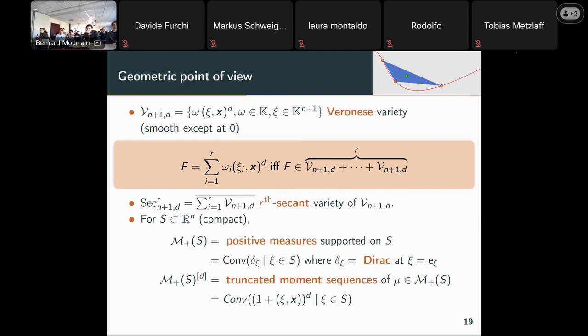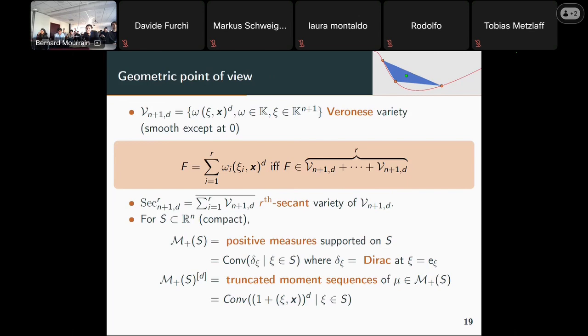If we go back to the projective setting, taking a point with the first coordinate x0 equal to 1, this is like the power of a linear form.